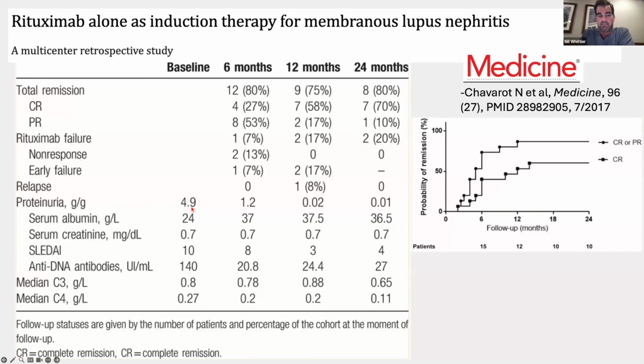Look at the proteinuria at baseline, 4.9 grams. The serum albumin went up, the proteinuria went down, the creatinine stayed the same, serologically they got better. So I'm not saying this is the holy grail, it's 15 consecutive patients and there's no control arm, but it's a nice way to look at if you want to avoid steroids and avoid CellCept, that at least this has been reported.